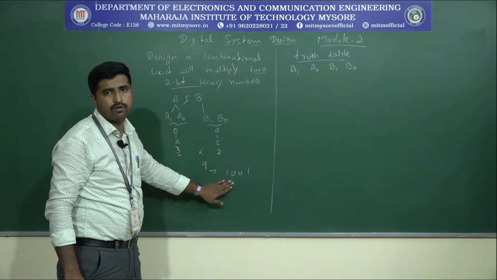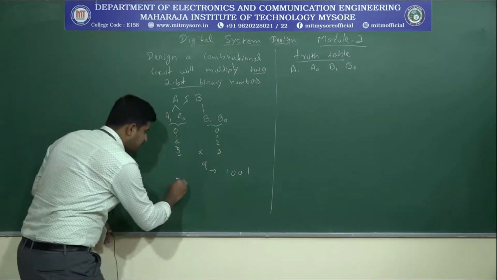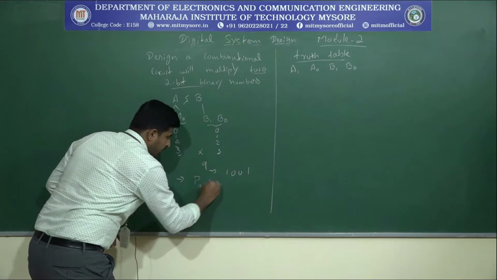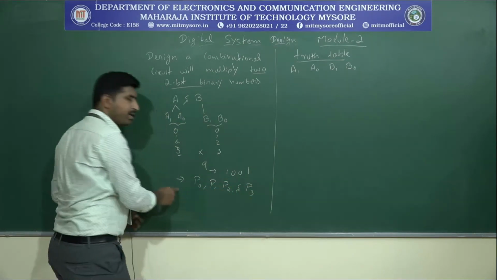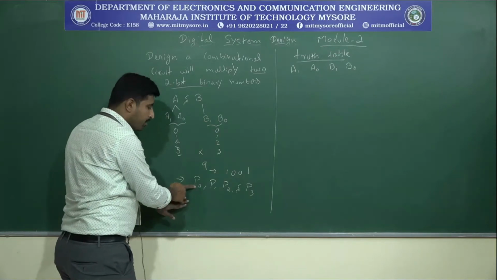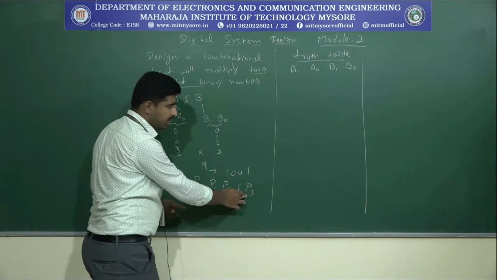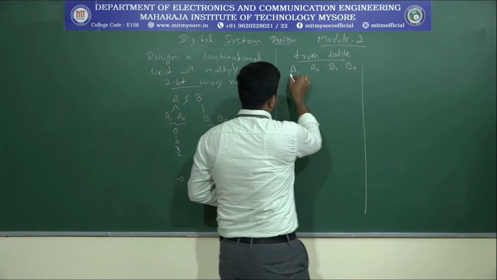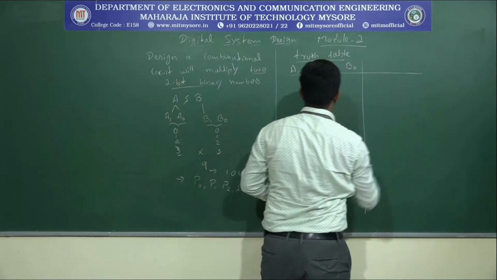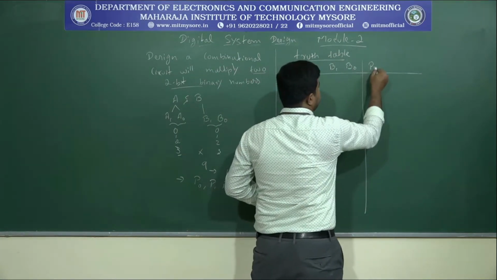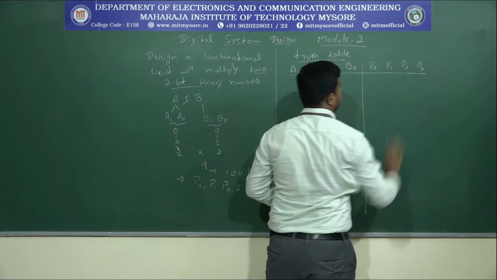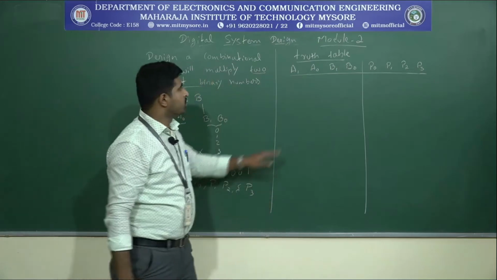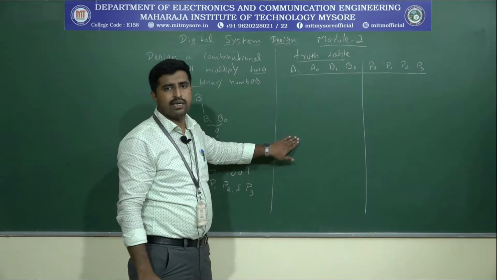For outputs, let's represent the 4 bits as P0, P1, P2 and P3. Since we are doing a product, I have taken P0, P1, P2 and P3. So the truth table has P0, P1, P2, P3.